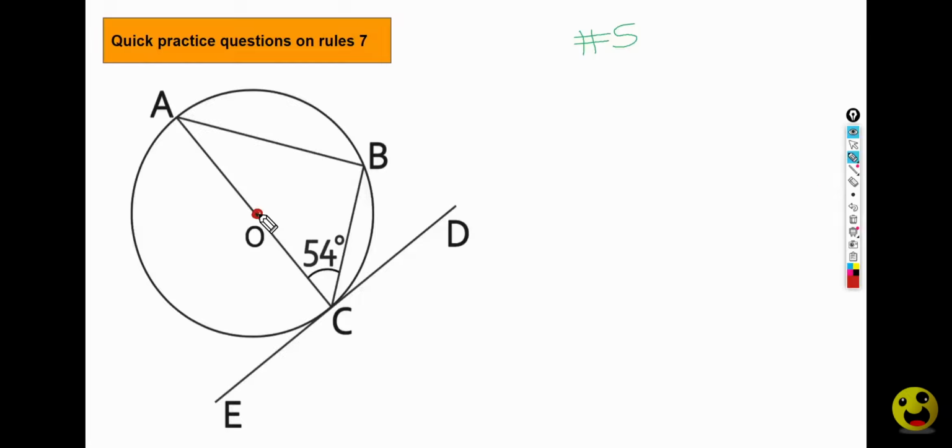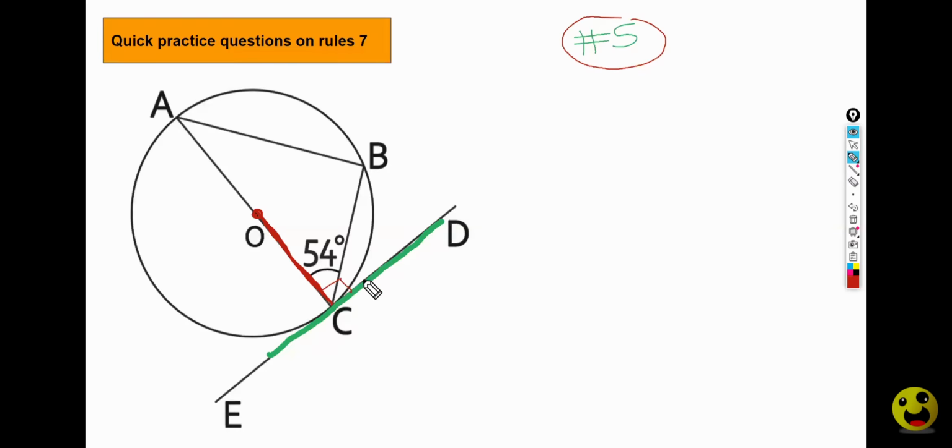Rule 5 says, if you have a radius, this red line is a radius, from the center to the circumference, and if you have a tangent, that green line is a tangent, the angle between a radius and a tangent, according to rule number 5, is 90 degrees.